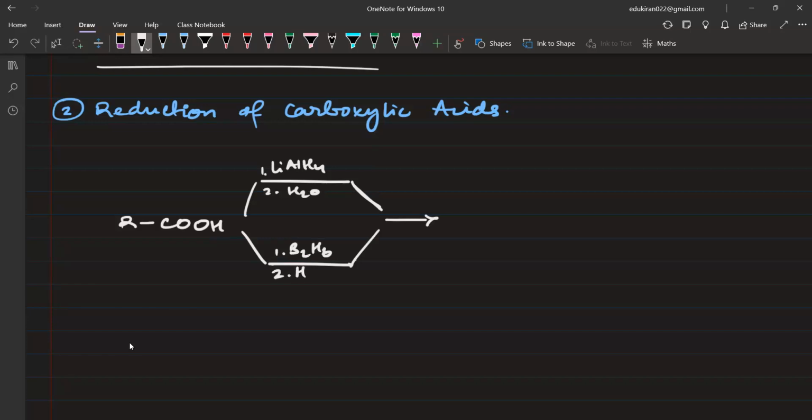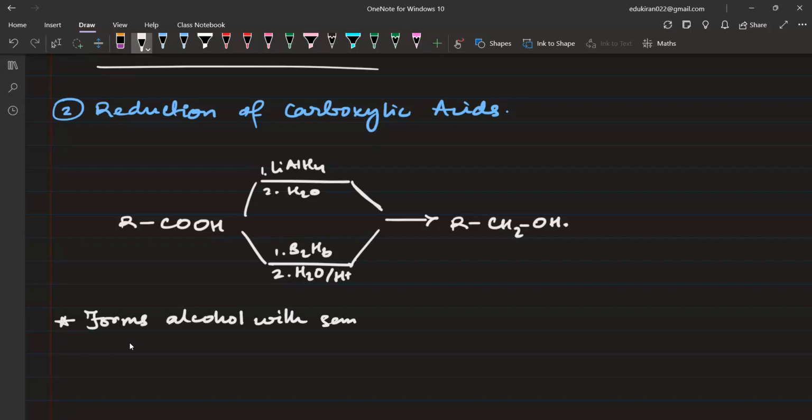Second step, water. In the presence of acid, in both cases you will get RCH2OH. That means it forms alcohol with the same number of carbon atoms.